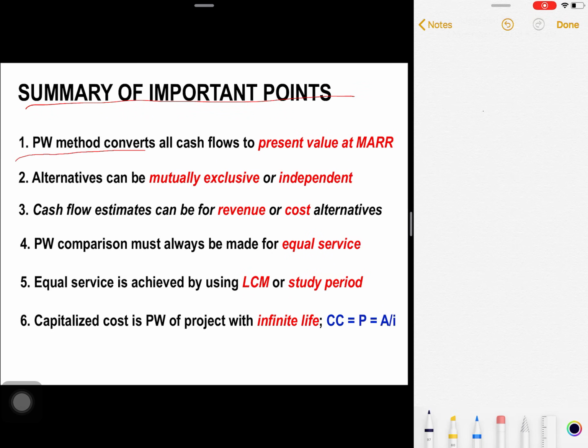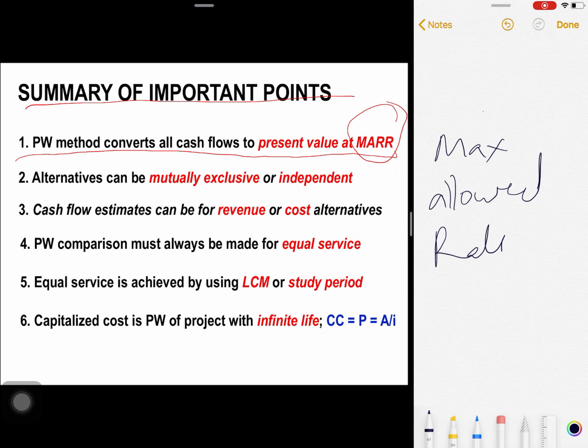So the summary of the important points for this subject is that, first of all, PW method converts all cash flow to present value at MARR. MARR is maximum allowed rate of return. Okay.